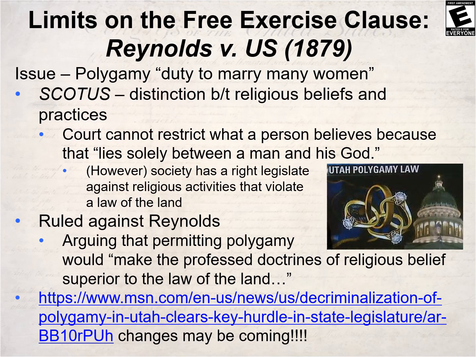Keep in mind they said this before the previous case, because that was in 1990, 121 years later. In 1879, they said that the court cannot restrict what a person believes because that lies solely between a man and his God. But society has a right to legislate against religious activities that violate a law of the land. So they did rule against Reynolds.